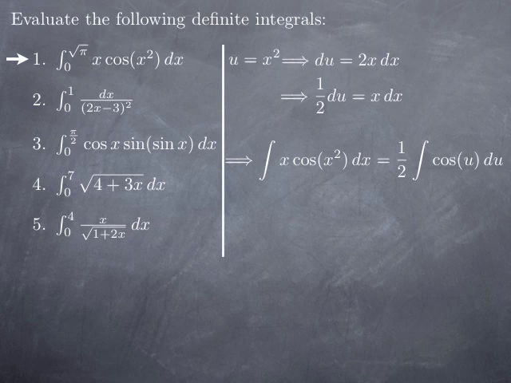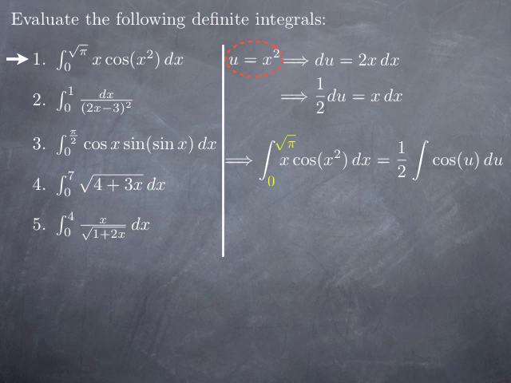However, what we want is not the indefinite integral, but the definite integral from 0 to root pi. So how do we change the bounds? Well, we're going to look at the expression for u. u is x squared. In the integral on the left-hand side from 0 to root pi of x cosine x squared dx, x takes values between 0 and root pi.